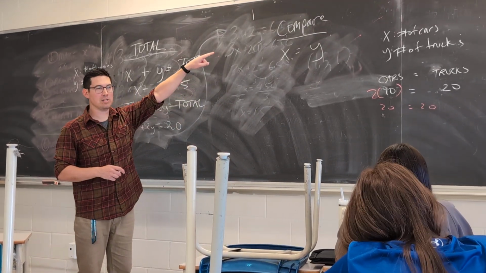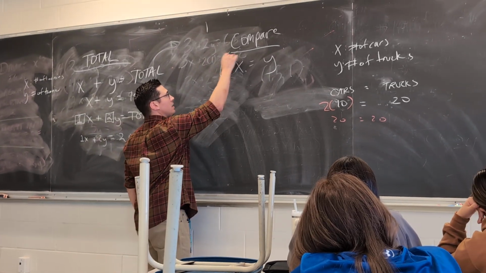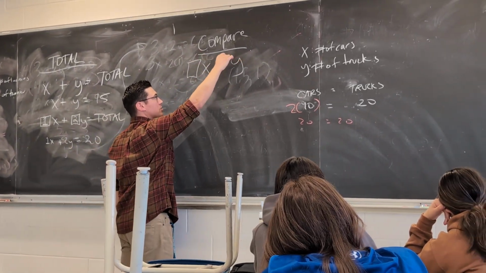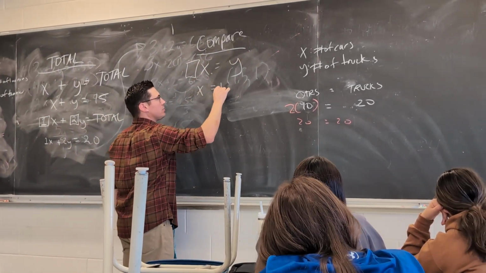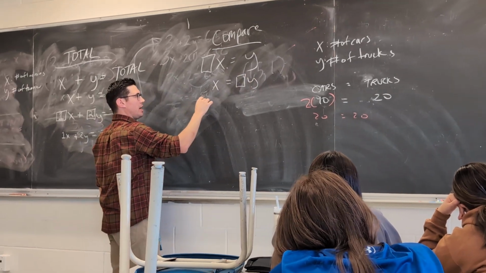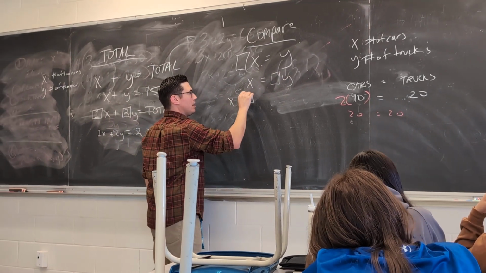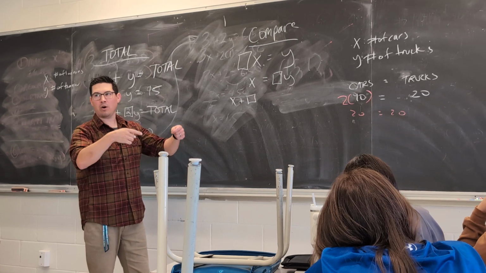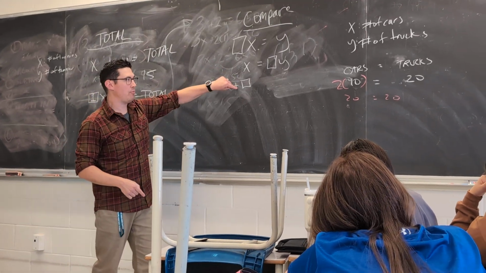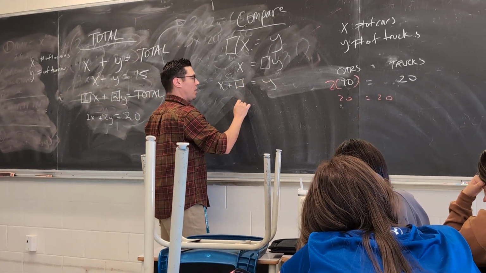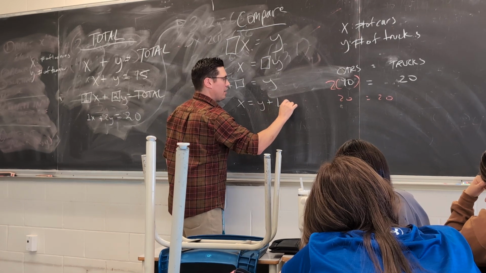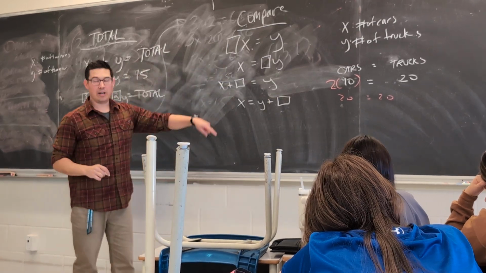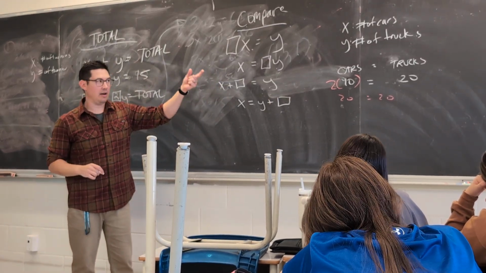And the way the compare ones work is going to be either something X is equal to Y, or X is equal to something Y. Sometimes they'll actually say you'll have to add it, like there are 3 more of this than the other guy. Well, I'll have to give 3 more to the other one: X is equal to Y plus something. You can even use subtraction and things like that to kind of break it apart.